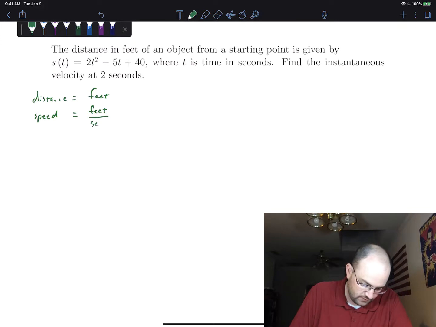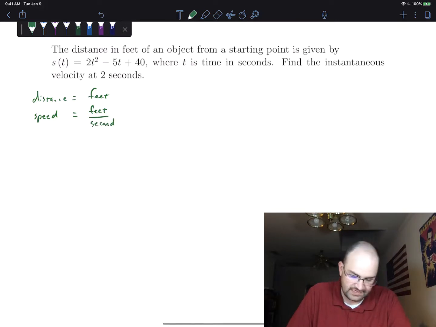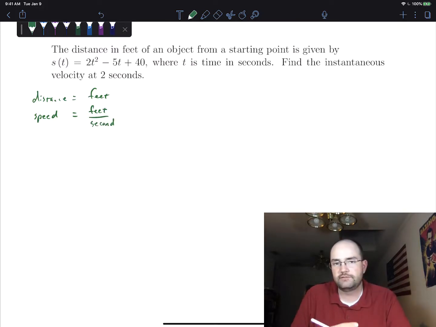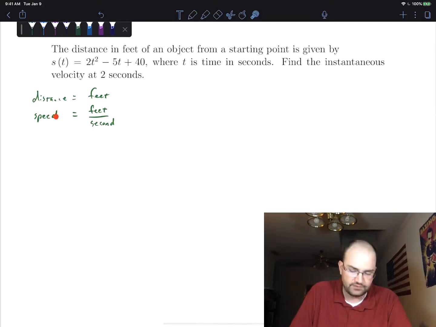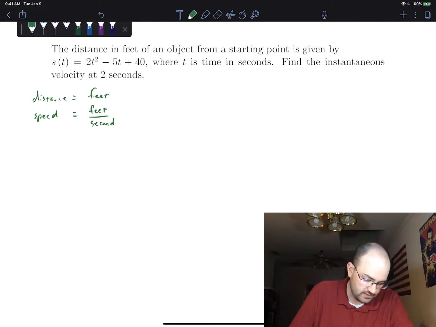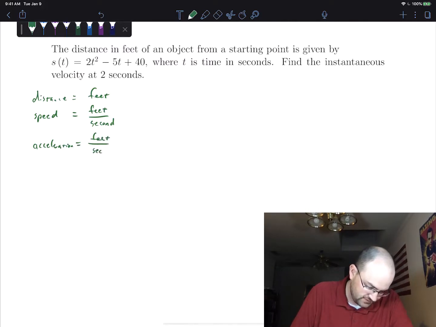So feet per second. Now, if you did this one more time, if you found the average rate of change of speed, that would actually give you acceleration, which would give you feet per second squared.